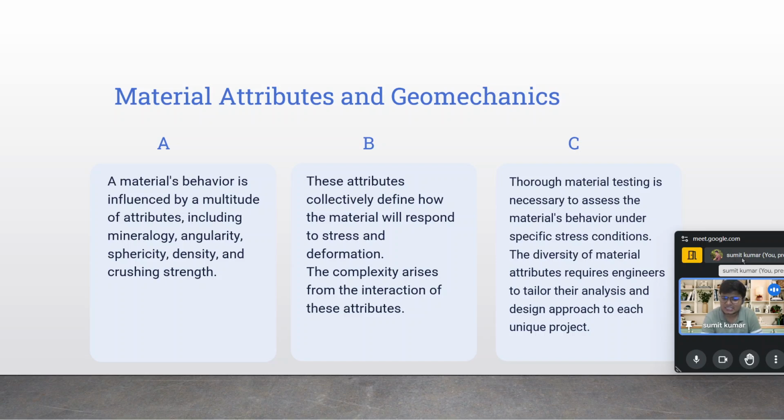The complexity arises from the interactions of these attributes, so material testing is necessary to assess the material behavior under specific stress conditions. The diversity of material attributes requires engineers to tailor their analysis and design approach to each unique project.